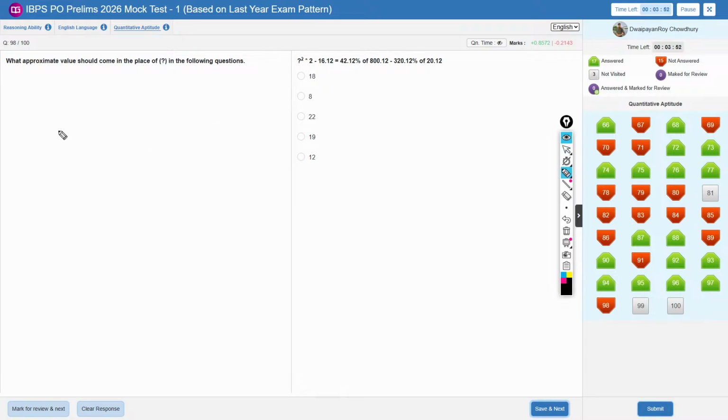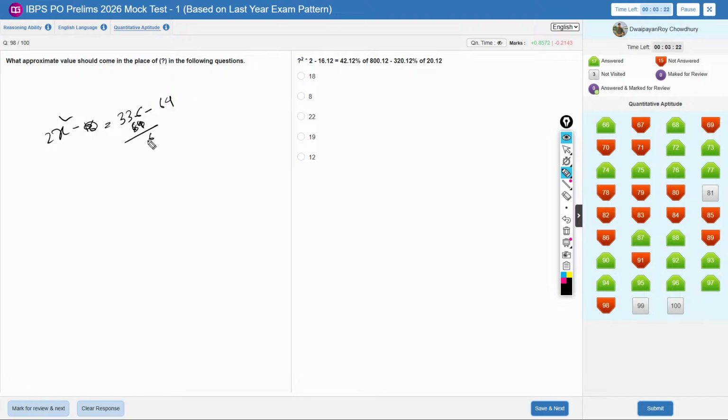Then 2x square minus 16 is equal to 8 into 42. 8 into 42 is going to be 336 minus 2 into, so 64. This is going to be 64 plus 60 is going to be 80. Right.